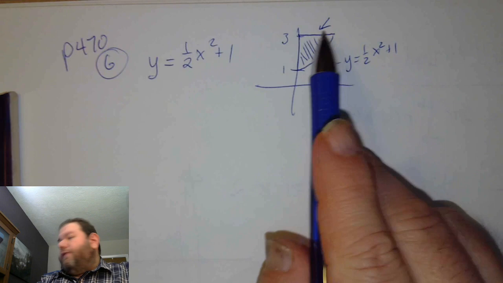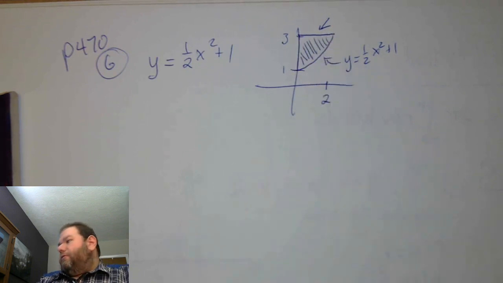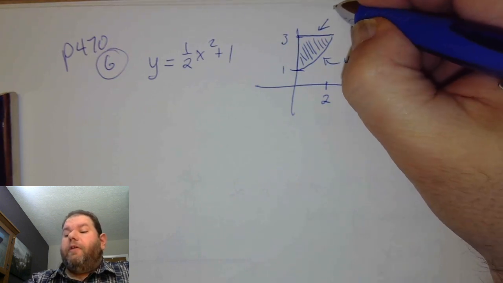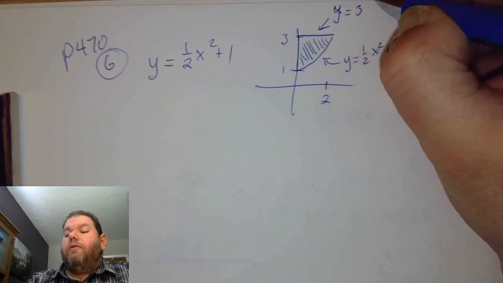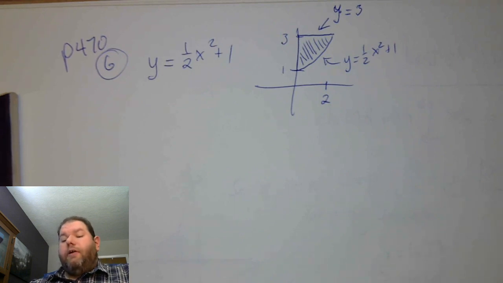What line represents this top boundary here? y equals 3. So we'll use y equals 3 as that top boundary.